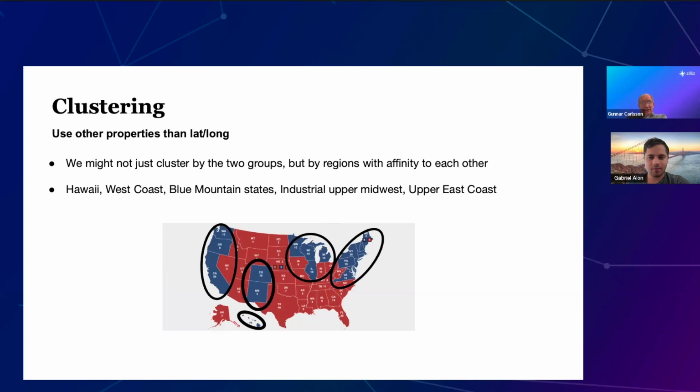So you can see here we get Hawaii, we get the West Coast, we get the blue mountain states, the industrial upper Midwest, and the upper East Coast. And that's informative. We believe that the politics in these places are not identical. So the blue states in the upper Midwest might be quite different from Hawaii, even though they both show up as blue, and they show up as being localized differently.